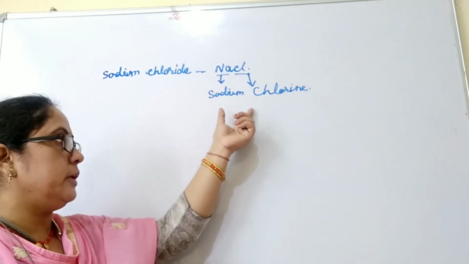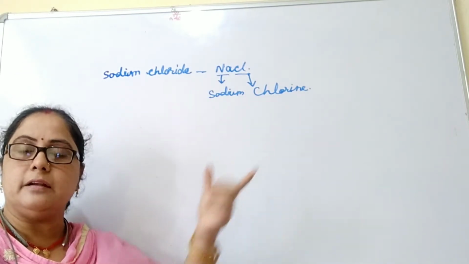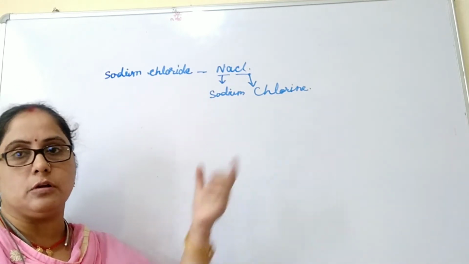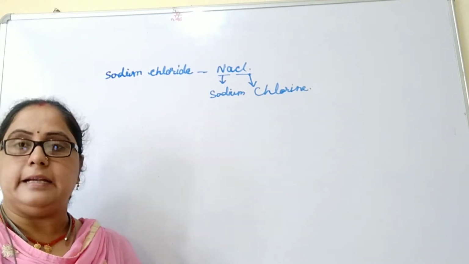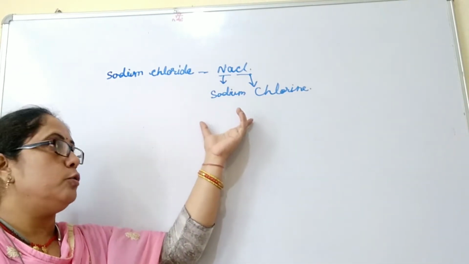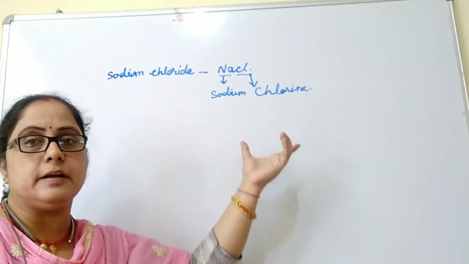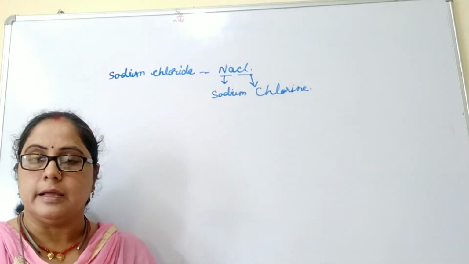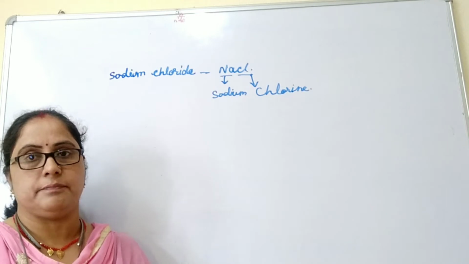These two elements, sodium and chlorine, combined with each other to form sodium chloride. Different elements have different capacities to combine with other elements, and that capacity of an element is called its valency.